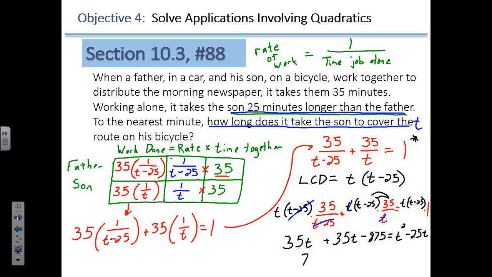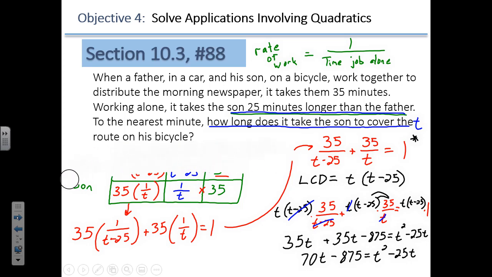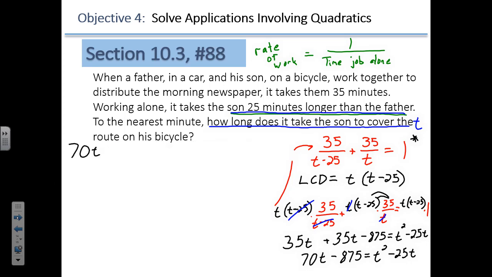Or in other words, 70t minus 875 equals t squared minus 25t. Well, there's a quadratic that we need to solve. Let's use this space to solve that quadratic. 70t minus 875 equals t squared minus 25t. Well, we'll leave the t squared positive and shift everything to the right side.